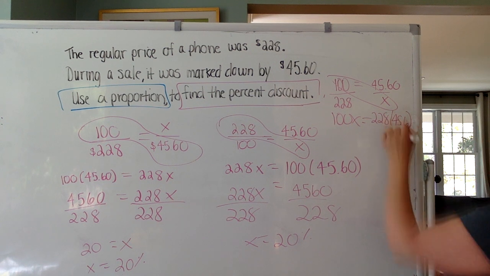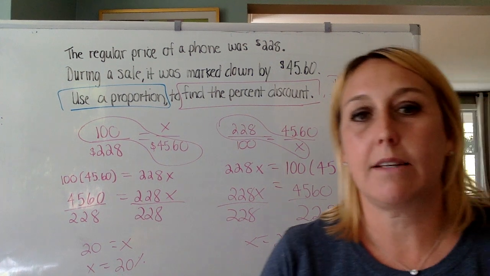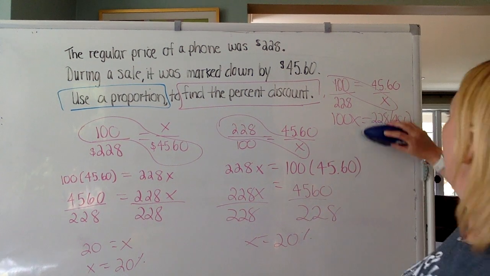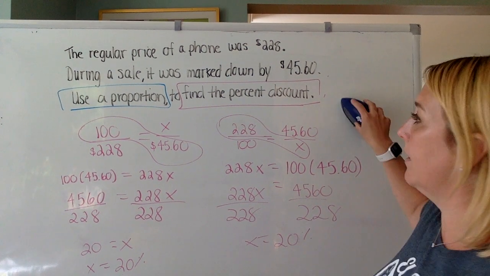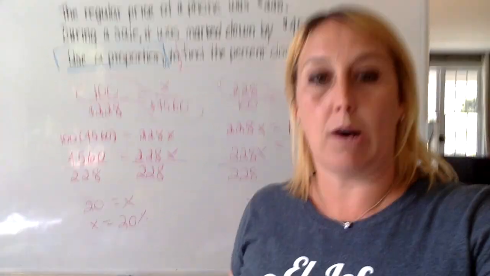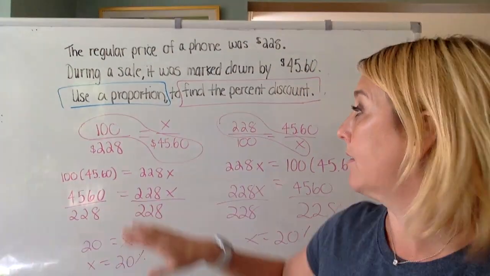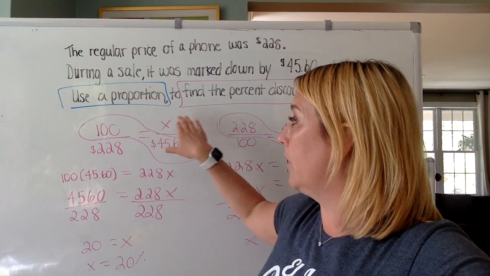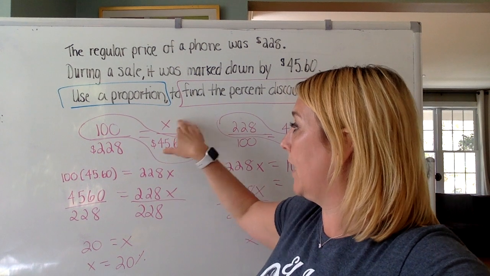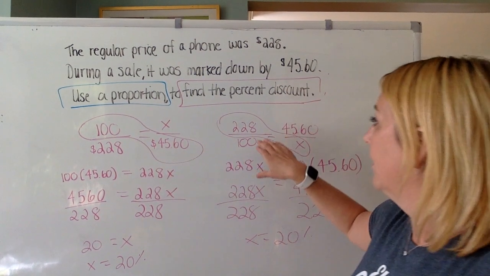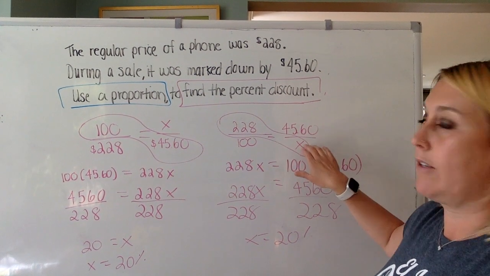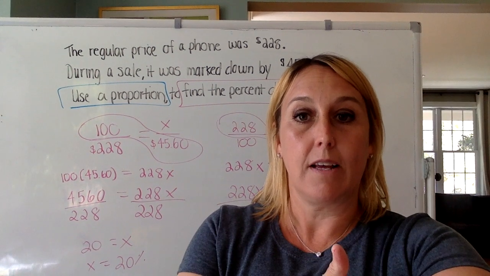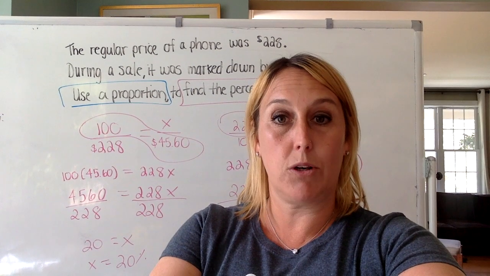So when you're setting up a proportion, it's less important which one goes in your numerator in this example and which one goes in your denominator, but you have to be consistent. You have to keep the units of measure the same, percents to percents, dollar to dollar. Dollar to dollar, percent to percent. So hopefully that makes sense. Try some on your own and let me know if you have any questions.